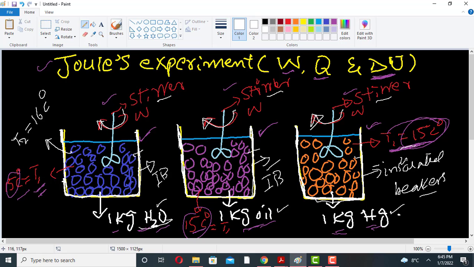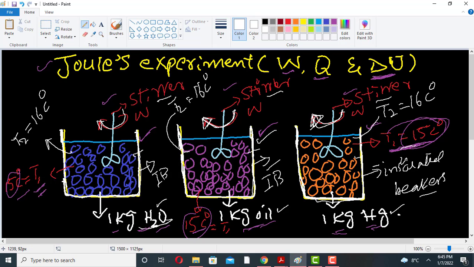Similarly, he started the stirrer in the second solution, and after a certain time he noted the temperature. The recorded temperature he obtained was Q2 equal to 16 degrees centigrade. Also he started the stirrer in the third, and he noted that the temperature he recorded was Q2 equal to 16.